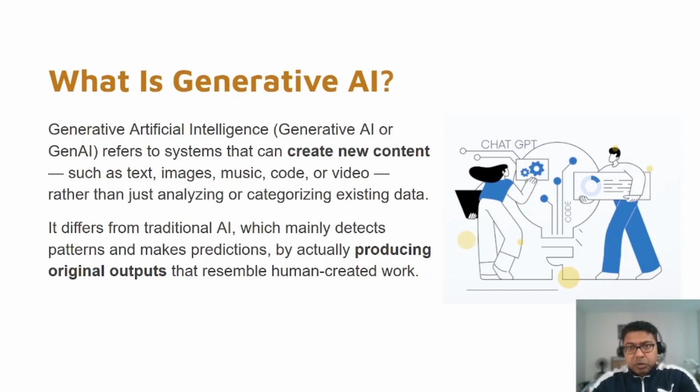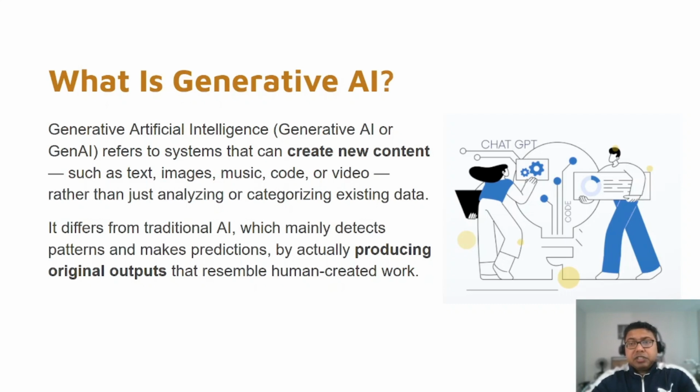And in this video, we'll come to know how it creates the content. So for now, such as text, images, music, code, or video, rather than just analyzing or categorizing existing data. So this is the difference. It differs from traditional AI, which mainly detects patterns and makes predictions, but actually producing original outputs that resemble human created work.